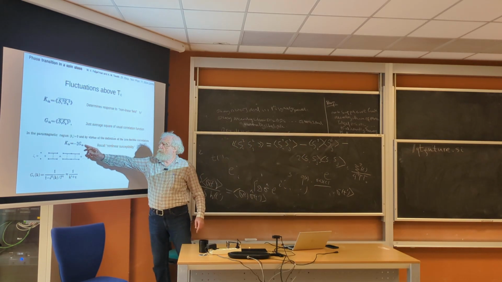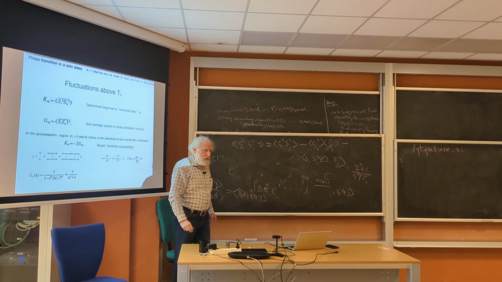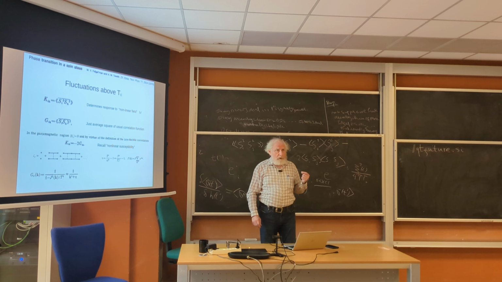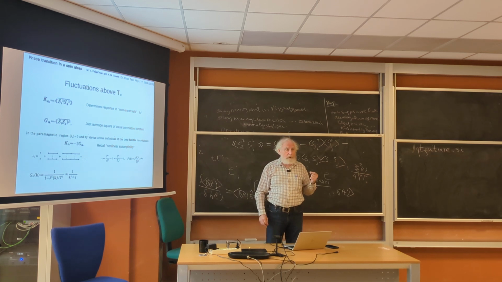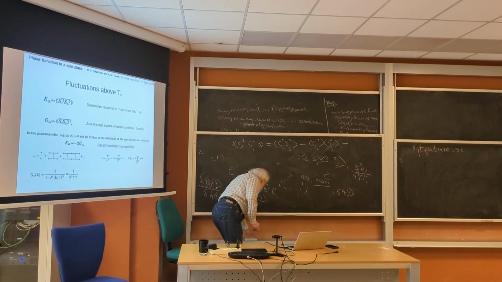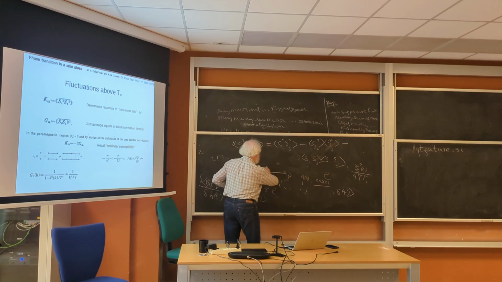K is also singular and negative. And it reminds us what I was telling you in the first lecture, that when you consider magnetization as a function of external field, you have something like a cusp at T, Tc.